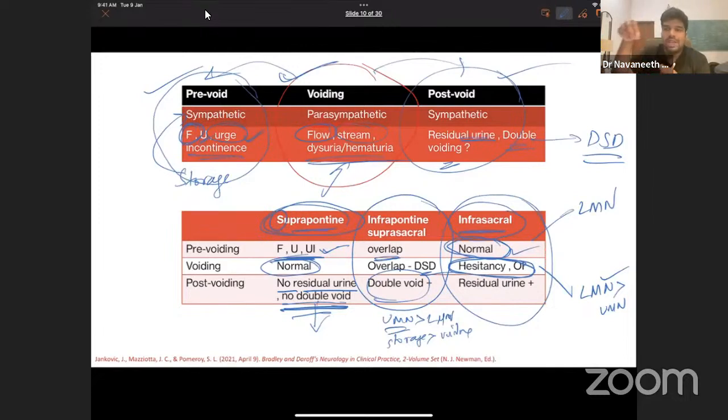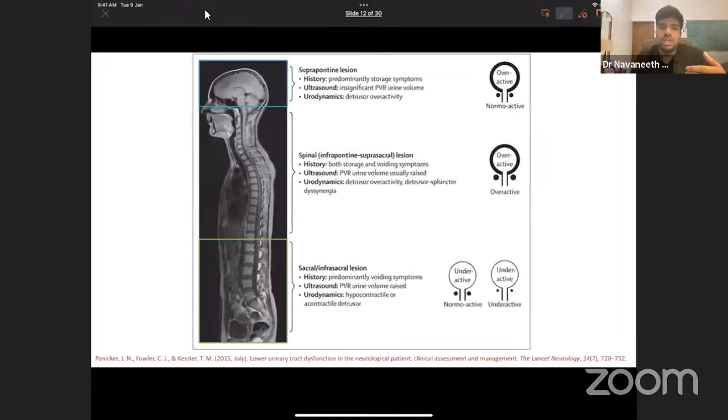Here it is going to delineate whether this is infrasacral nerves, because of motor or sensory nerves. So based on this, you're going to have this particular classification. There are three important classifications: suprapontine, spinal or infrapontine suprasacral, and then sacral or infrasacral lesion.